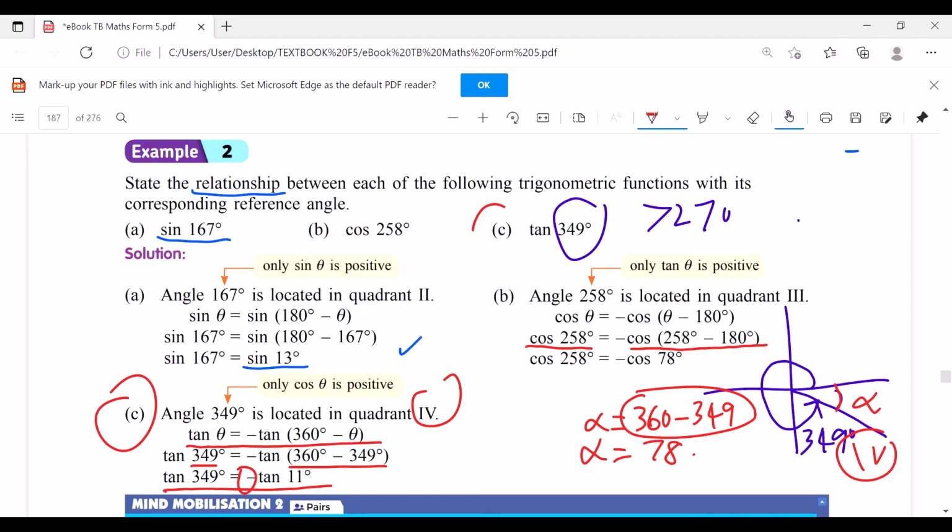Because on the fourth quadrant, add sugar to coffee, only cosine is positive, so tangent will be negative. So you have that negative sign over there. So now you can do the exercise.